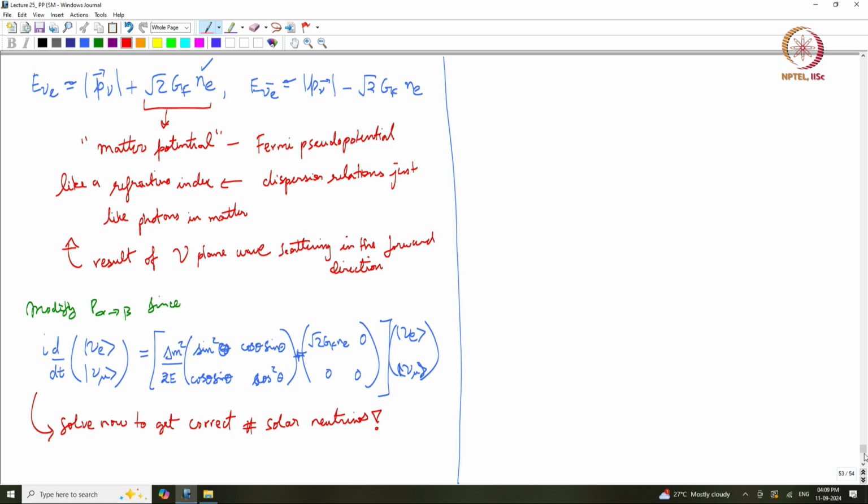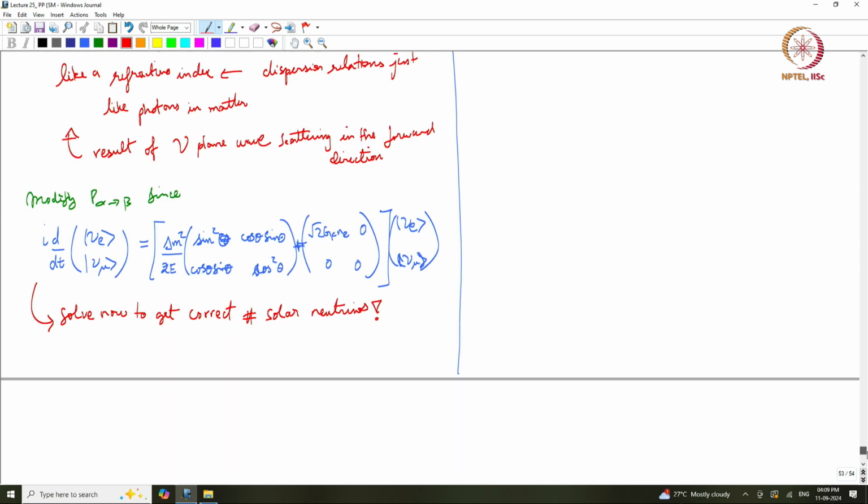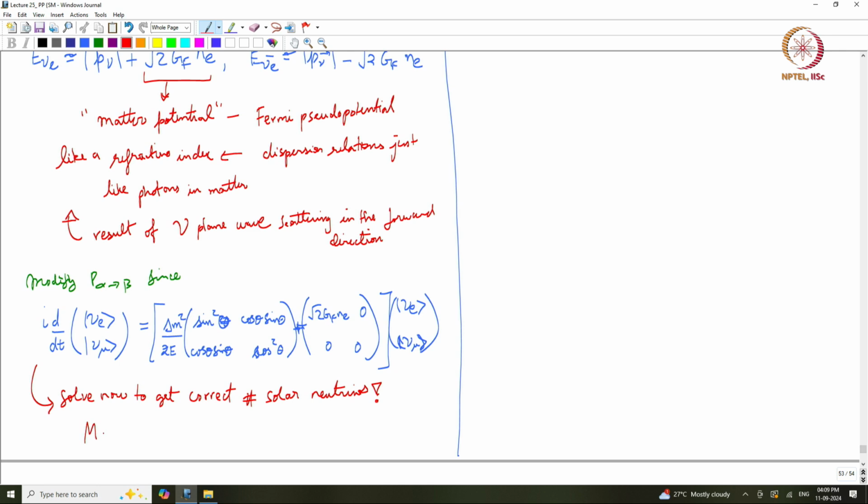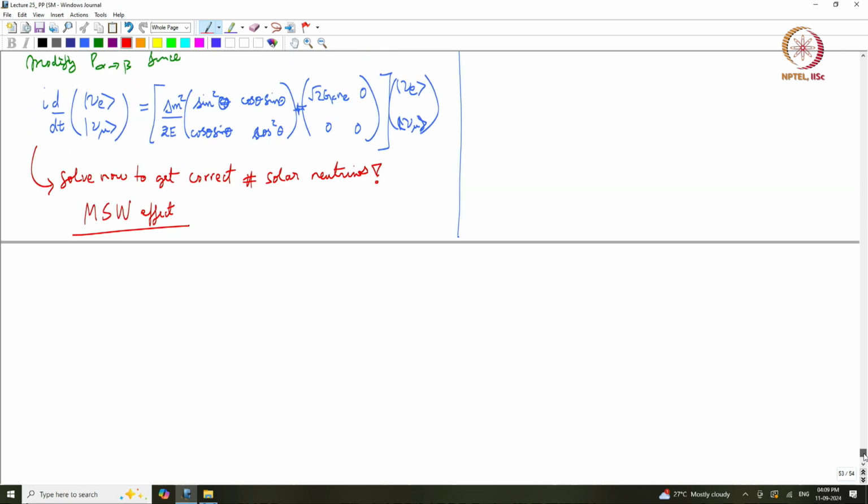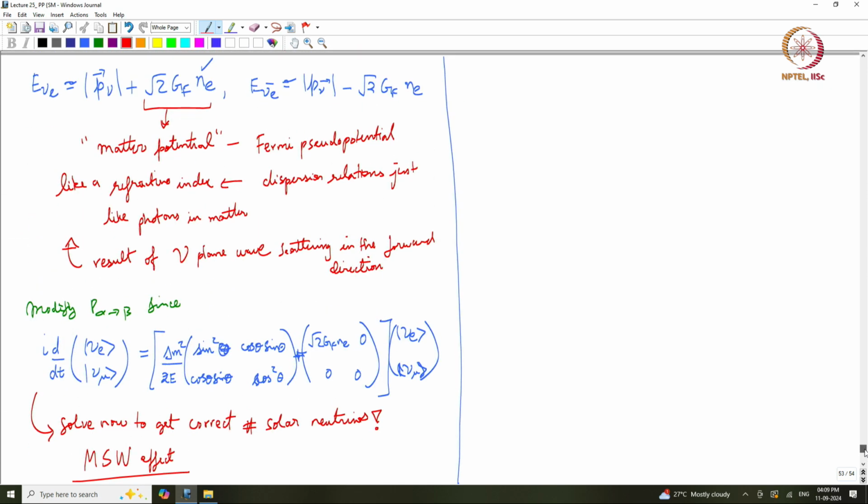This whole thing is called the MSW effect, and you can read more about this in any standard particle physics textbook, or take an astroparticle textbook, even better. There is a very interesting history in all this.